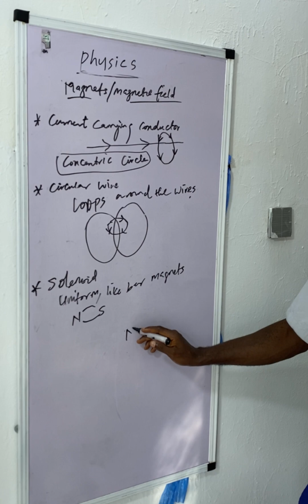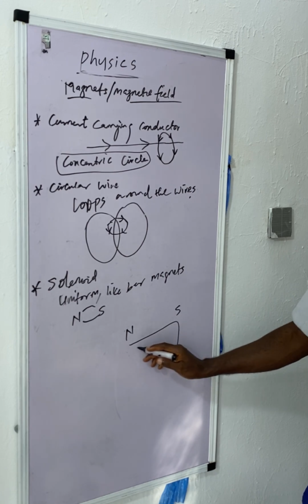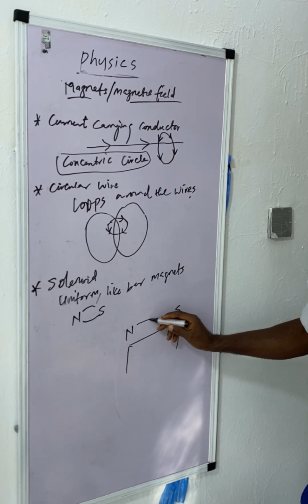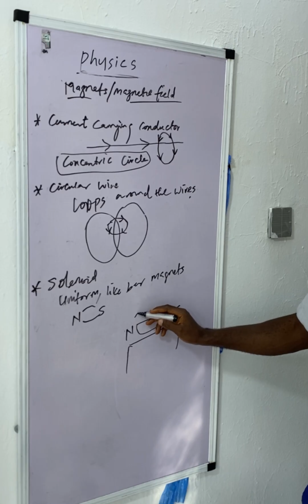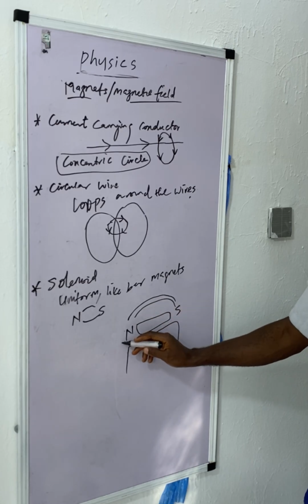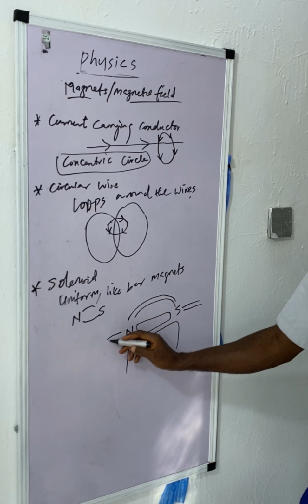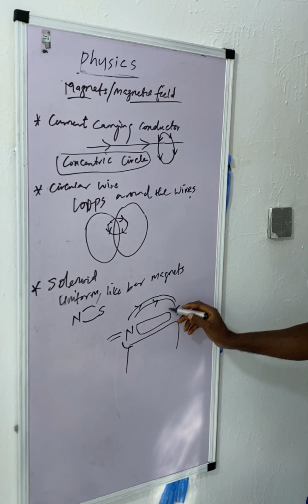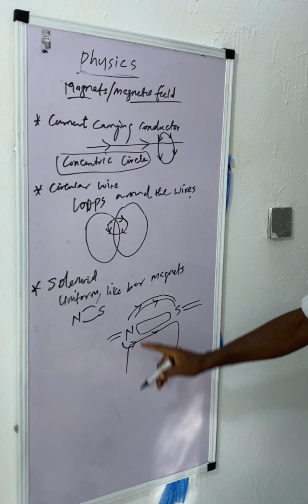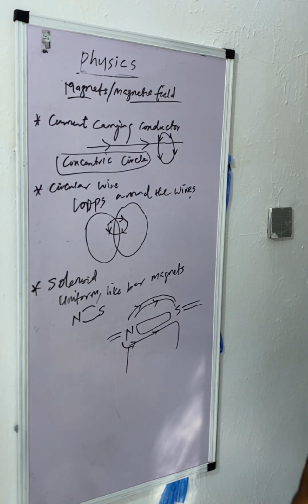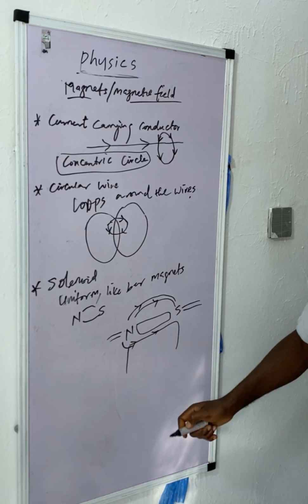So a solenoid is something like this: north pole, south pole. It moves from north towards south pole. This is the flux pattern, uniform. You see one as north pole and one as south pole.